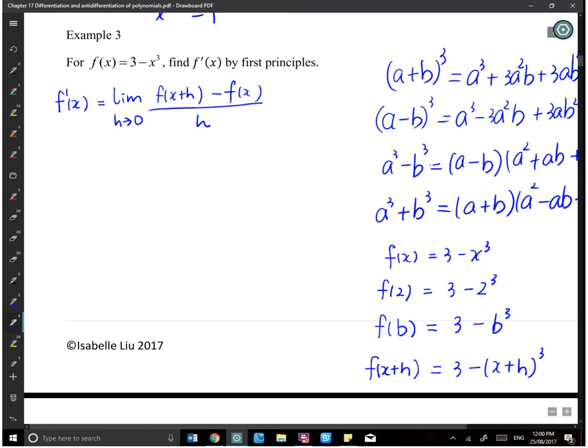So this time, what I will have is the limit as h approaches 0 of 3 minus (x plus h) cubed minus, okay, put that in the bracket because you subtract the difference between those two values. That's what you're going to have. Divide by h.